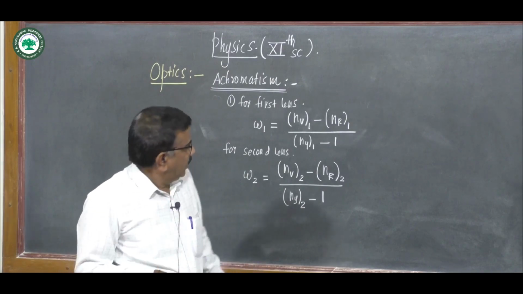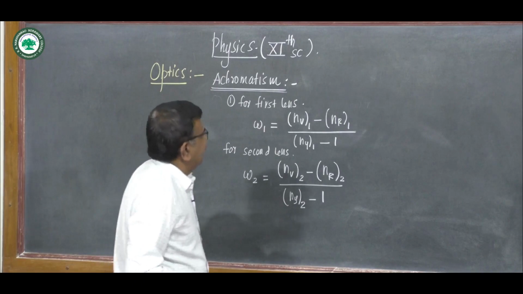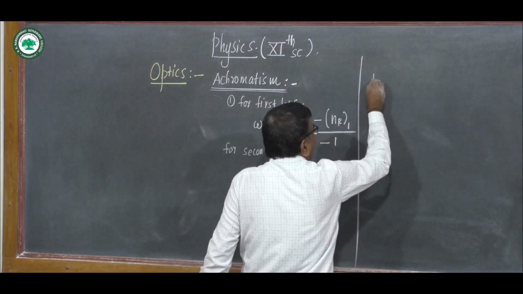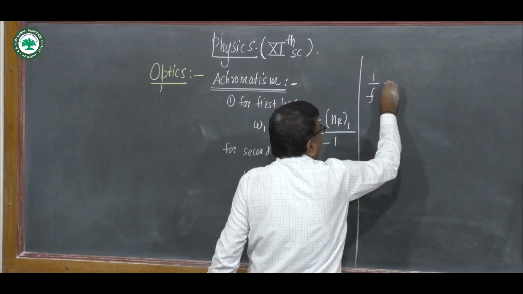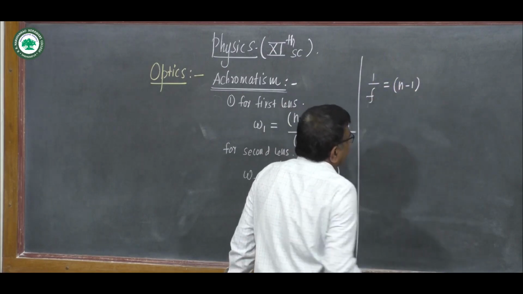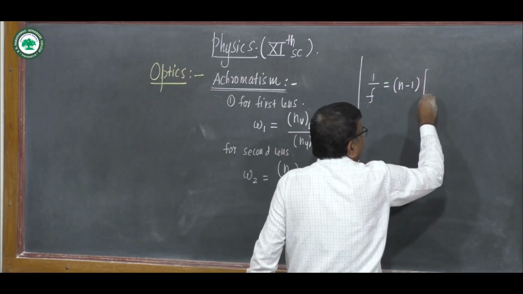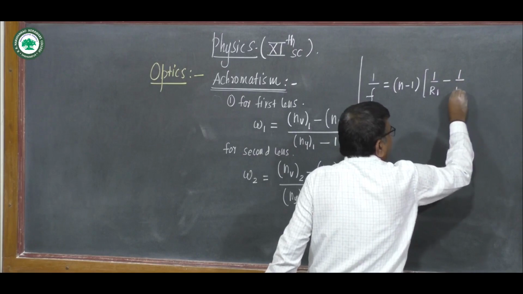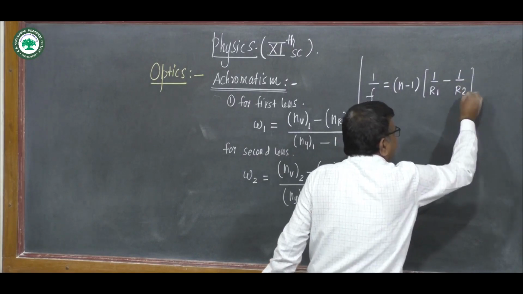Also we know the lens maker's equation, that is 1 upon F is equal to (N minus 1) into (1 upon R1 minus 1 upon R2).